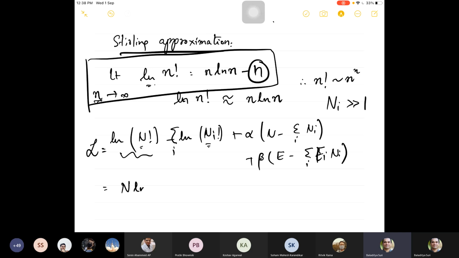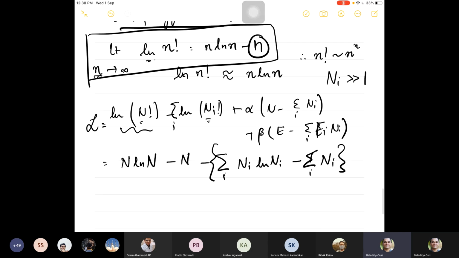Now if you use that, you get N ln N minus N, minus summation over i, in square brackets, of ni ln ni minus summation over i of ni, plus alpha times N minus summation over i of ni, plus beta times E minus summation over i of ni ei.